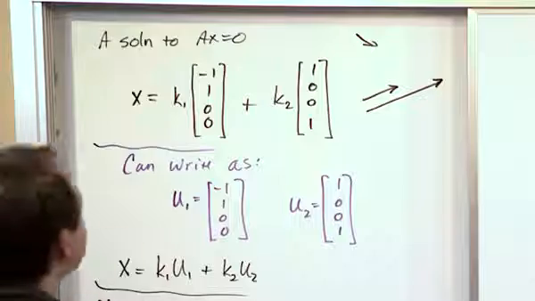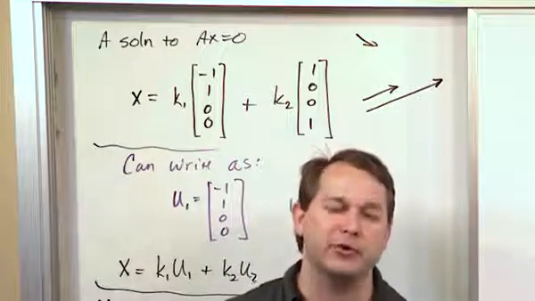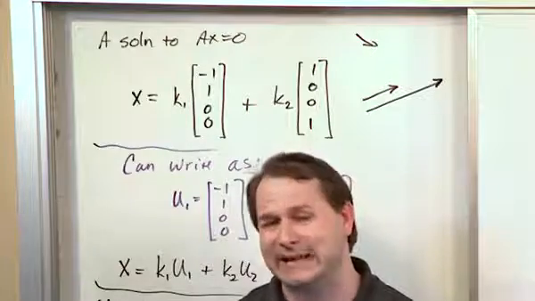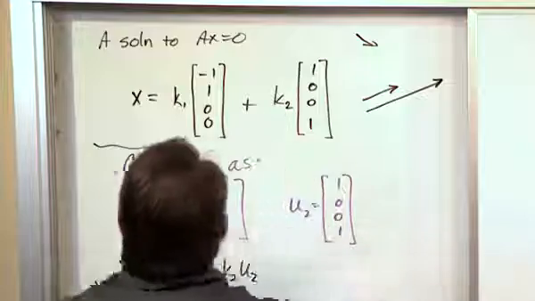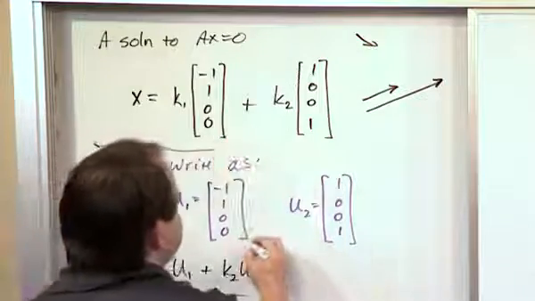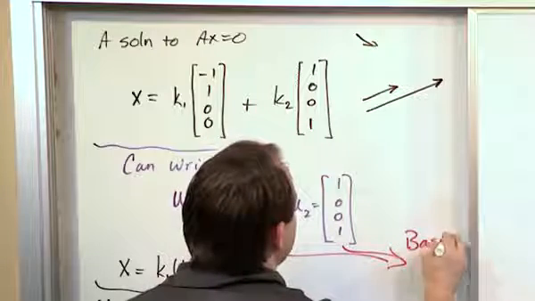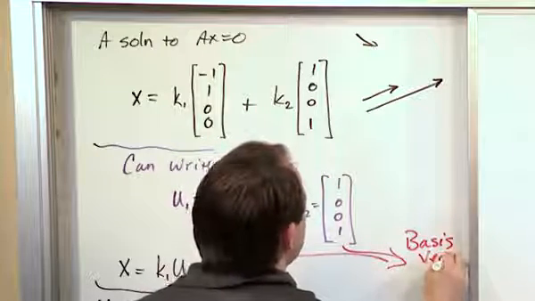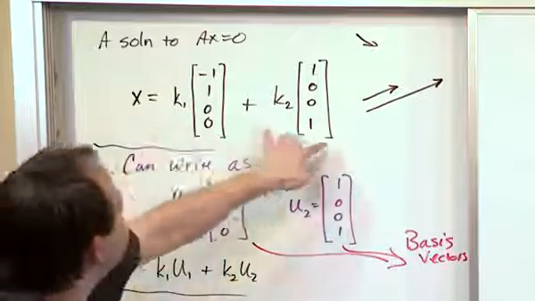And by the way, I've been calling these vectors here base vectors. I've been doing that on purpose because in your book you'll see something called basis, right? These vectors are called the basis vectors. That's why I've done that. So you can point to u1 or whatever you want to do. These are called the basis vectors, because when you write a solution down like that, the solution is a linear combination of these vectors.